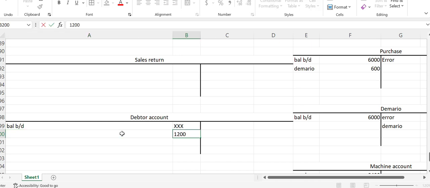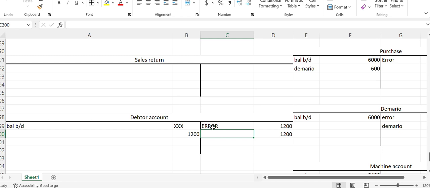So what do you do, my friend? And you need to be careful with this one. Number one, you correct the error by recording 1200. And then number two, because that 1200 was debited instead of crediting, now you record it again for the right transaction.